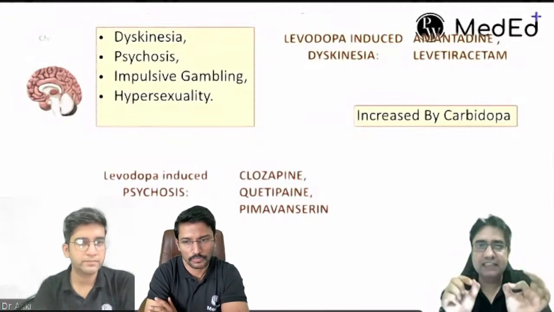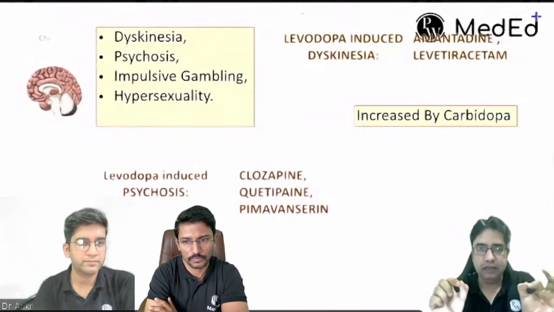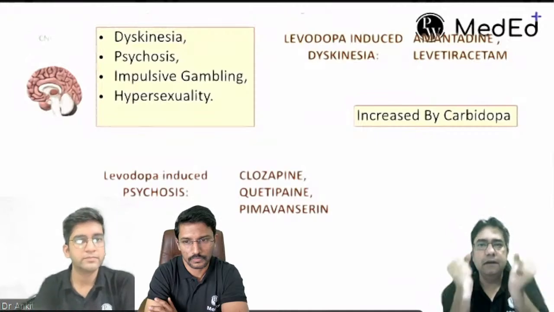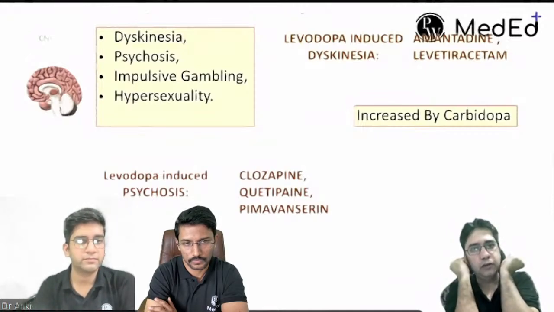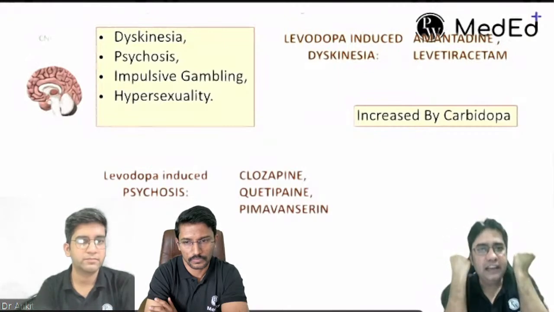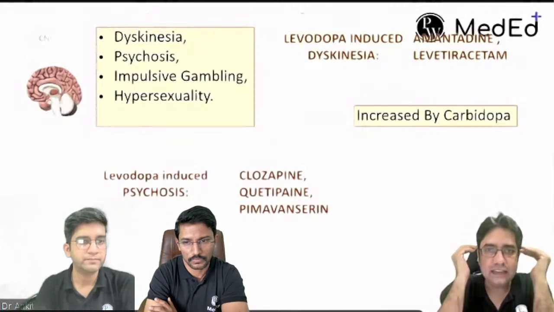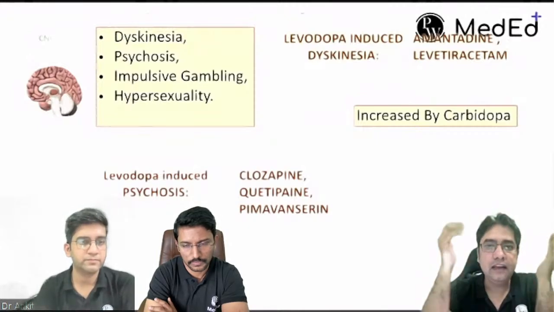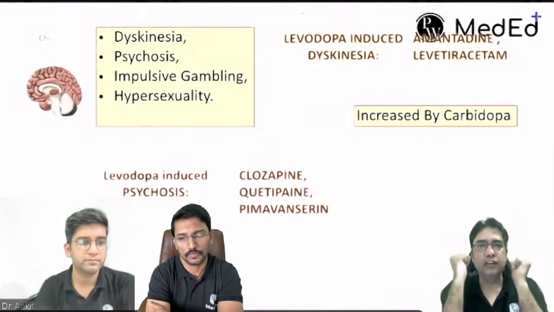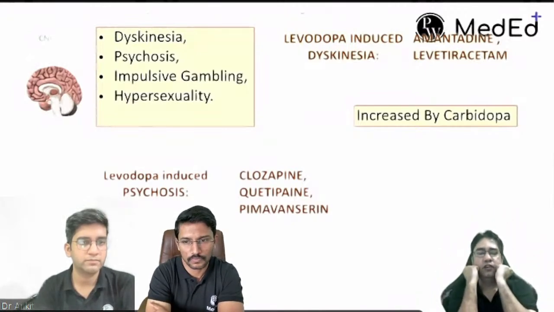If in the basal ganglia we don't have dopamine, there is dopamine deficiency, a person becomes rigid, absolutely fine. That means there is slowing of movement, bradykinesia. But just imagine you have given levodopa and there is excess of dopamine in the basal ganglia. Till now the person was not moving. You have given levodopa in excess dose.